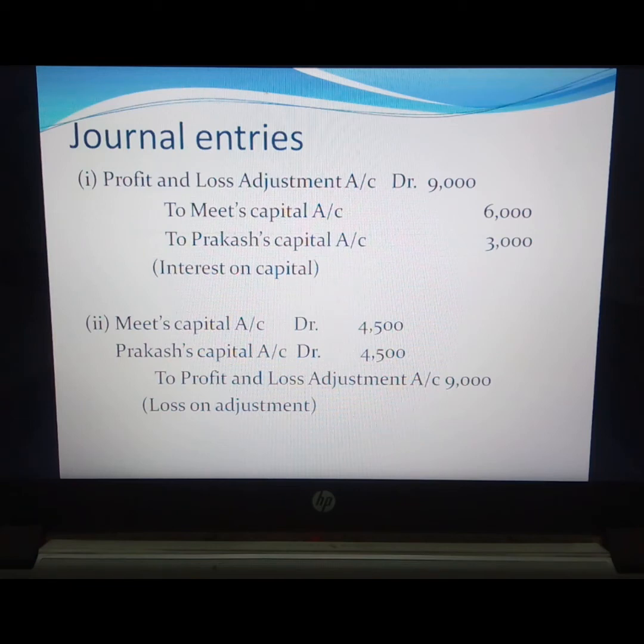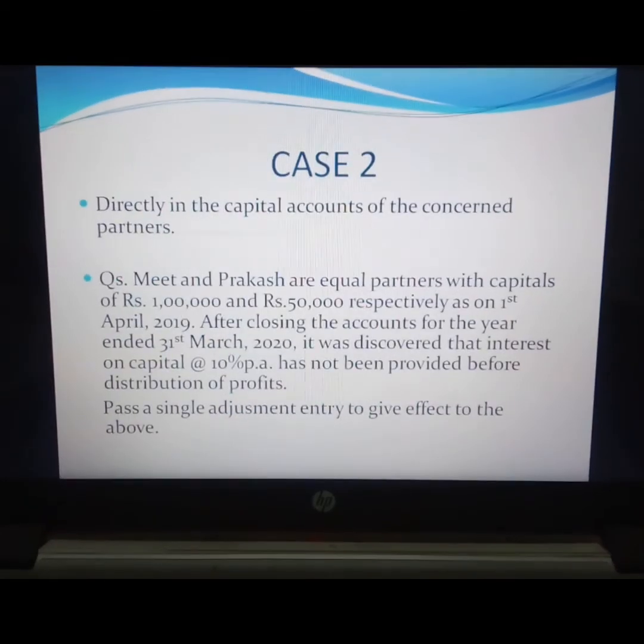This reduction in profits has to be shown by debiting the partners' capital accounts: Meet's capital account debited with 4,500, Prakash's capital account debited with rupees 4,500, to profit and loss adjustment account rupees 9,000. Understood?